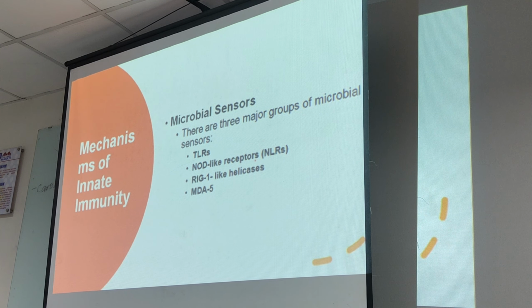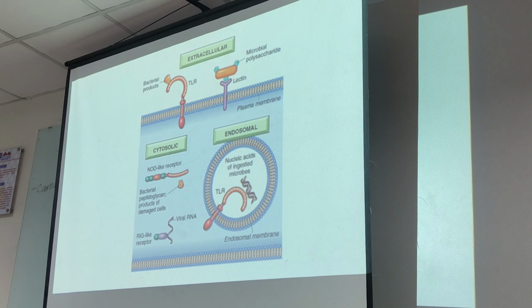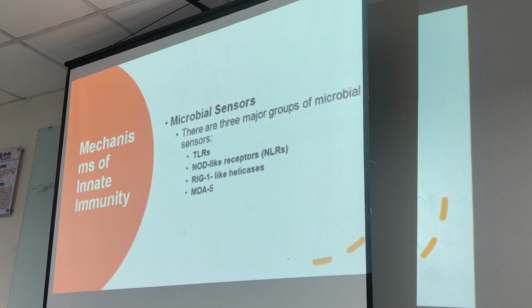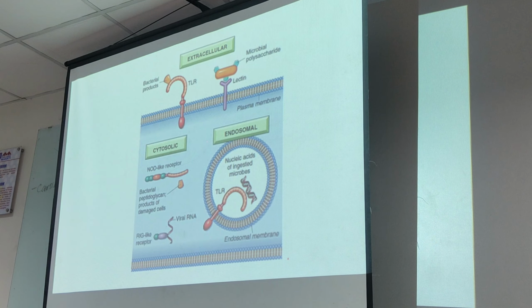Microbial sensors are also important in terms of starting the innate response or the immune response. Examples would be your toll-like receptors, NOD-like receptors, RIG-I and MDA5. Your toll-like receptors can bind to bacterial products, leading to a cascade of reactions that can trigger an inflammatory or an immune reaction.